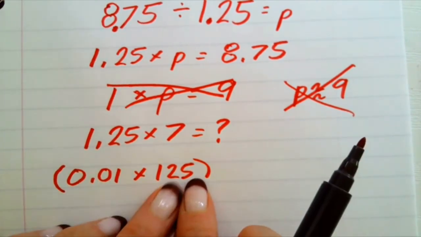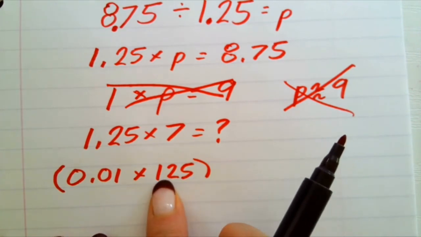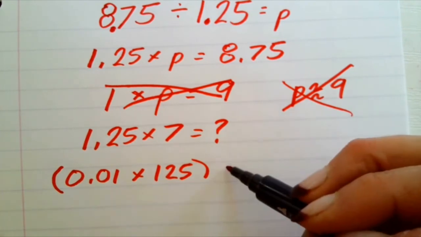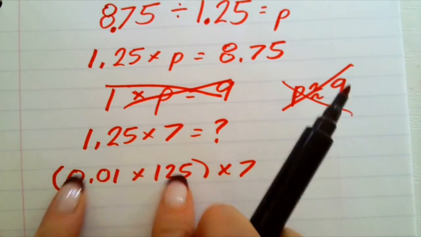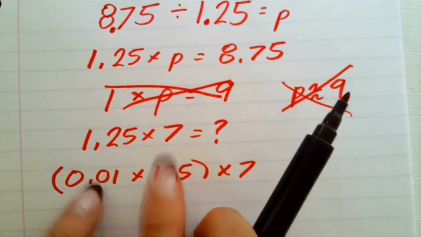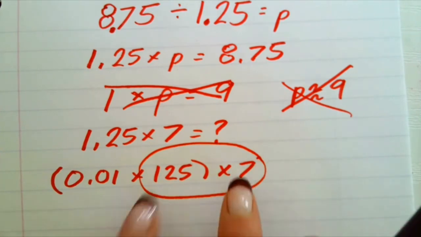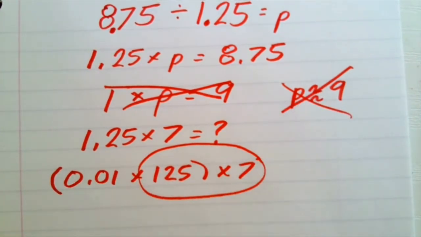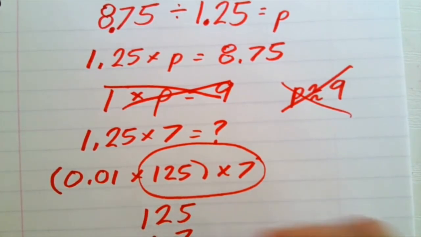Remember, one hundredth as much means moving the decimal point 2 times to the left, making it smaller, times 7. So I've broken 1.25 up into these two factors. Now I can associate these two factors and then multiply that amount by one hundredth. Let's multiply 125 by 7.